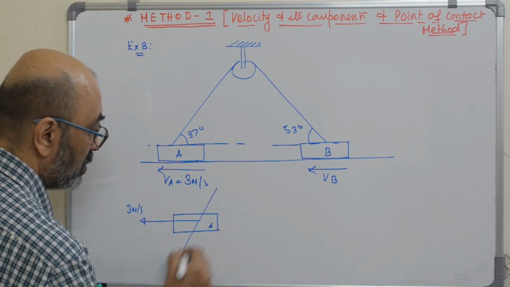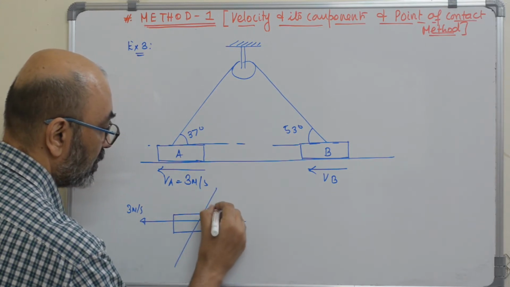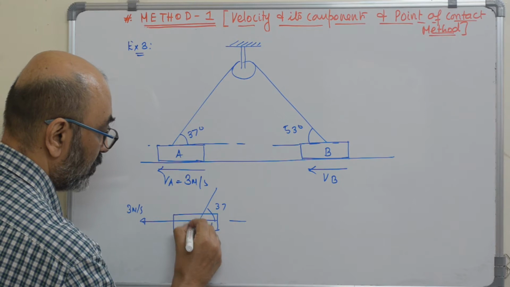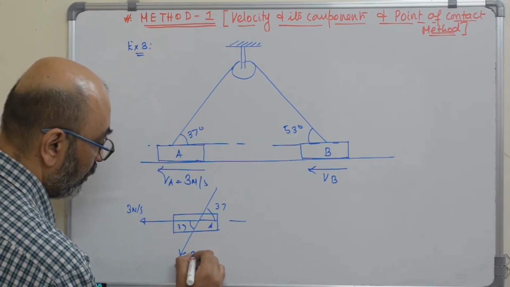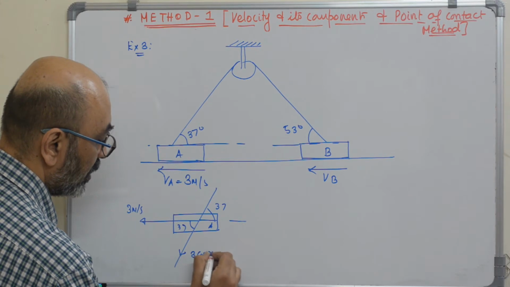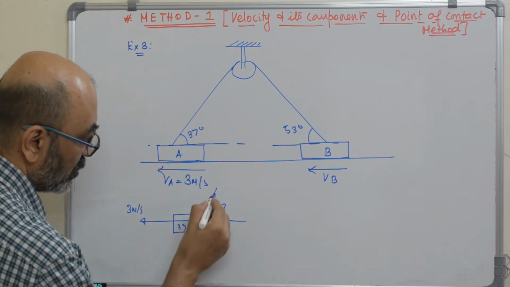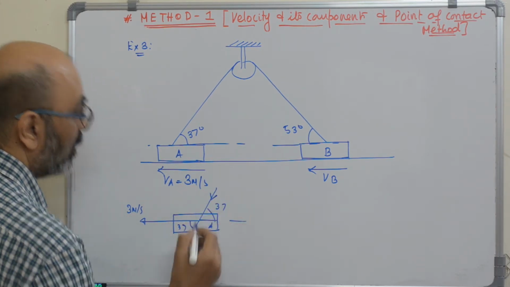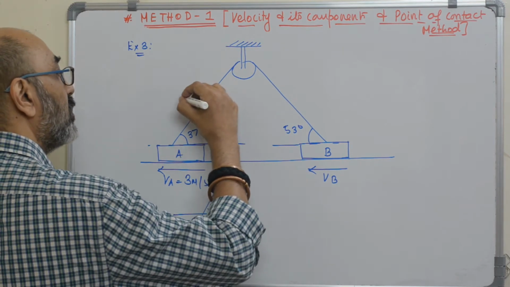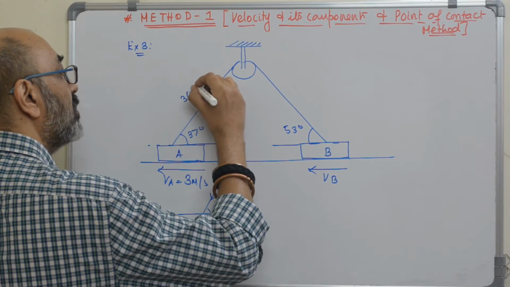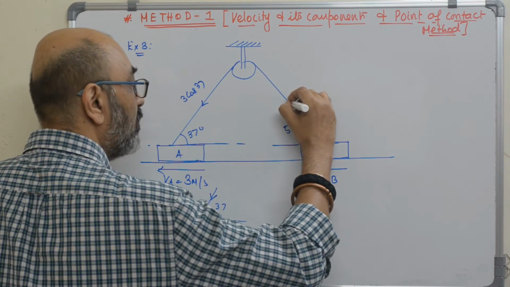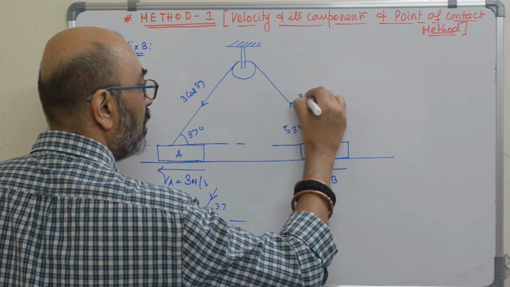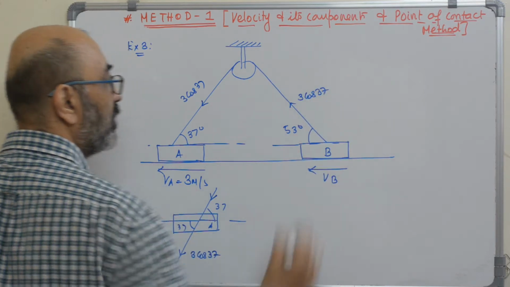If you choose this line, this is 37, so the component over here is going to be 3 cos 37. So the velocity of the string over here is going to be 3 cos 37, and the string is inextensible, so the velocity of the string over here is also going to be 3 cos 37.